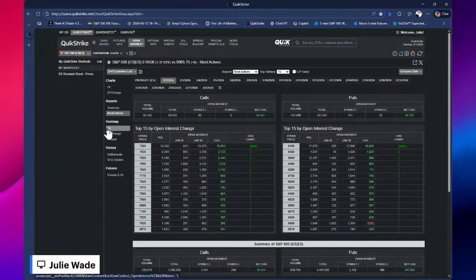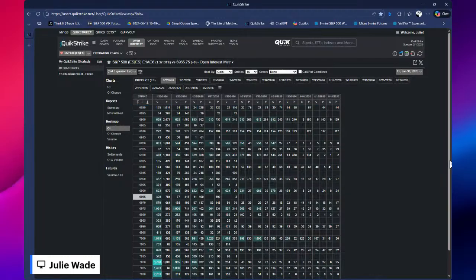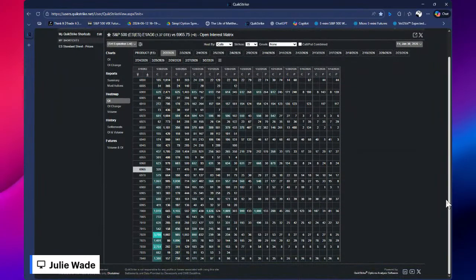And here's our heat map, which I like to do. You can heat it by calls or puts. So if you want to look at the calls to see where they're stacked, down here at 70.20, 3708 and 7,000, and we're sitting here at 69.65.